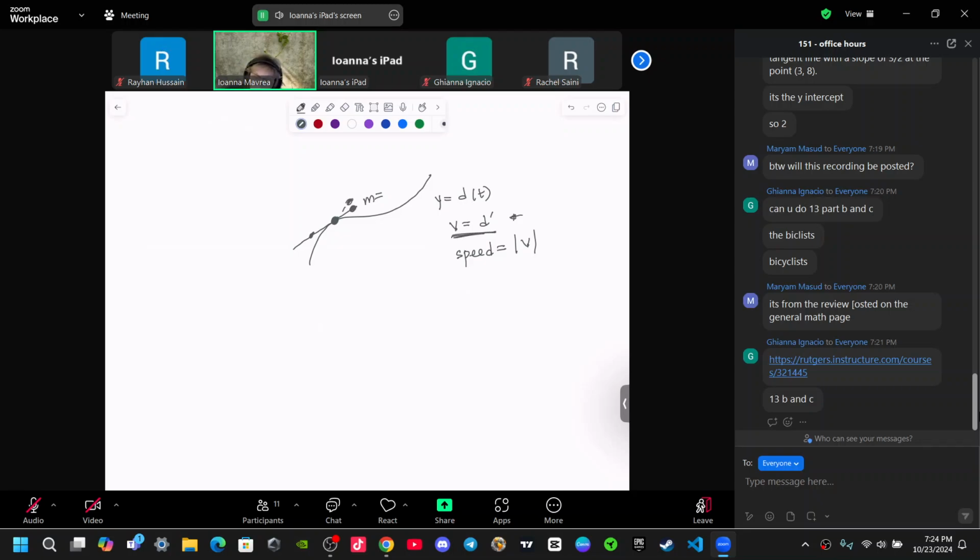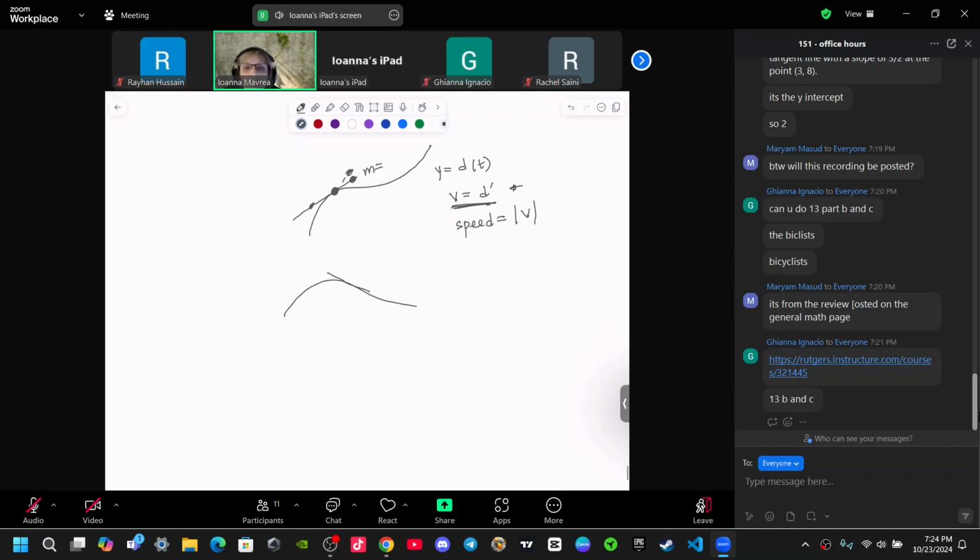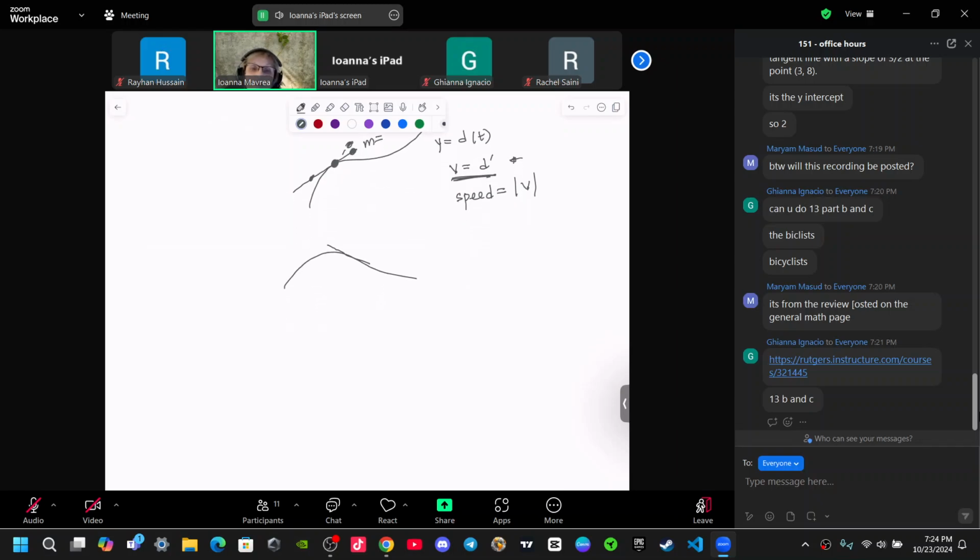So once you have an estimate for the velocity, the absolute value of the velocity is the speed, right? So if the graph goes down, the derivative is going to be negative, but the speed is going to be positive. Okay. So, right. So at t equal a half.